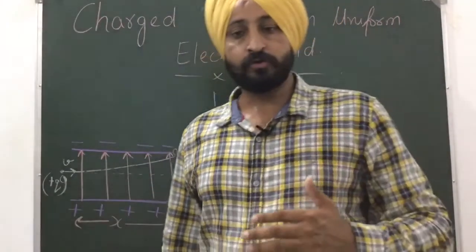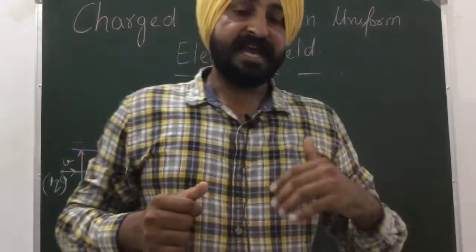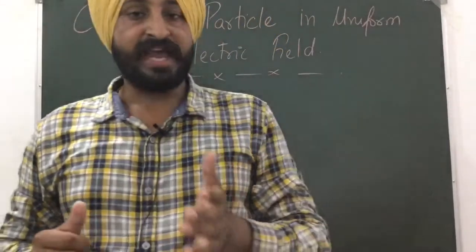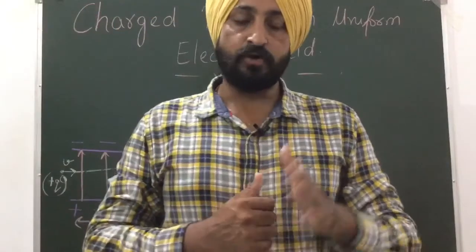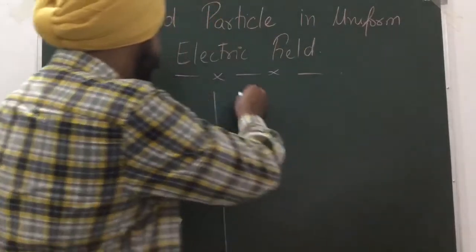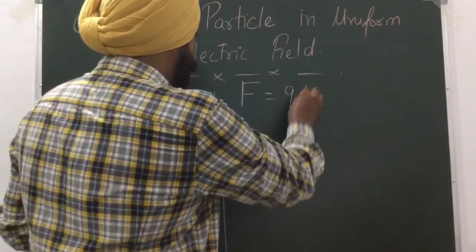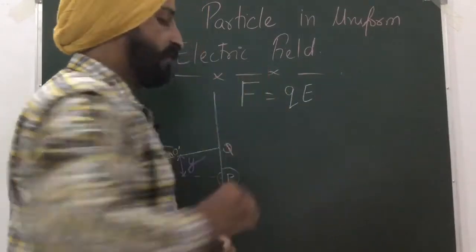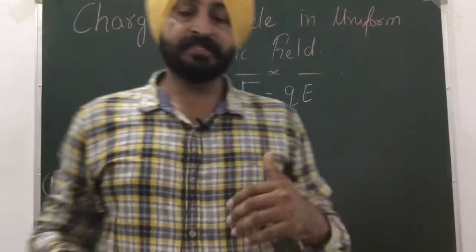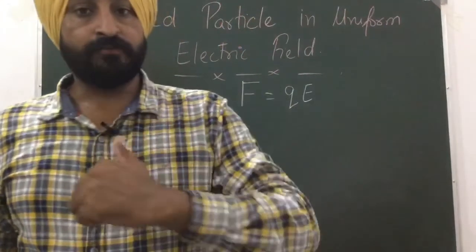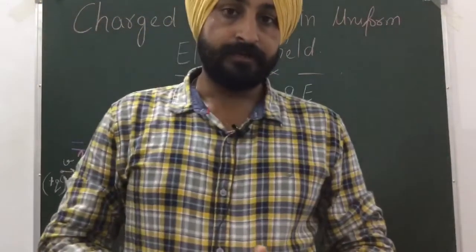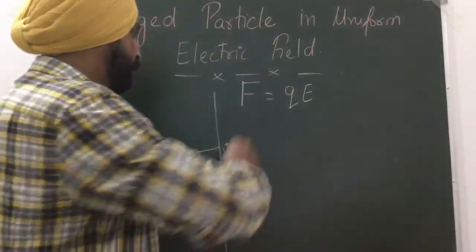Now moving on to some calculation part. See, as we know, the force exerted by the electric field on a charged particle is given by F is equal to Q into E. This is the formula for force experienced by a charged particle when it is lying in electric field. Fine. So from this formula, we know what is force.